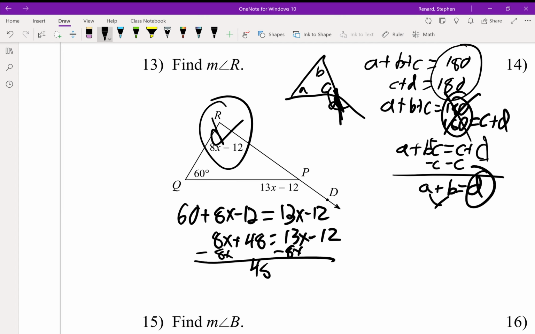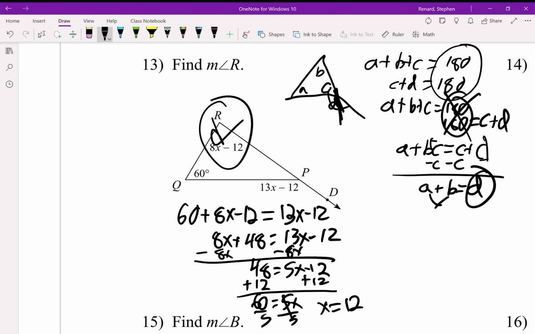That gives me 48 equals 5x minus 12. I'm going to add 12 to both sides. And I get 60 equals 5x. Divide both sides by 5. And I get x equals 12.